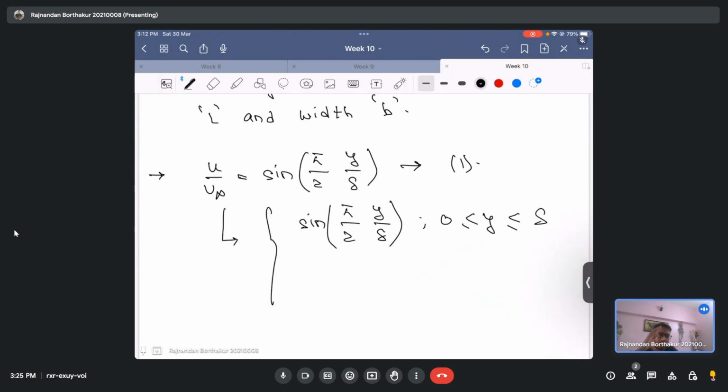And we all know that when we move away from the viscous region into the inviscid region, u is equal to u infinity. So this is 1 when y is greater than delta.